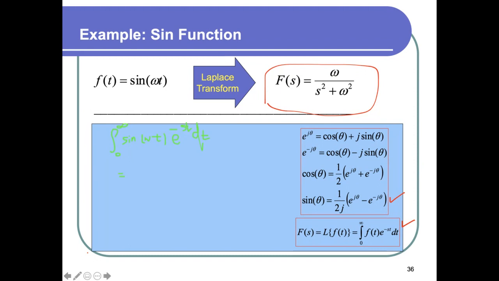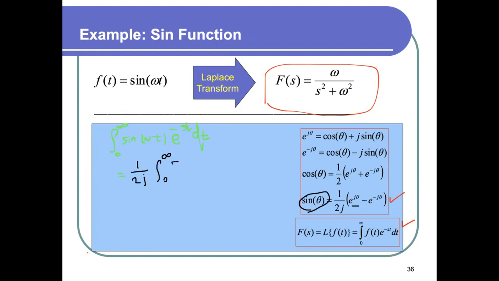Actually, green looks bad, so let me choose black. Okay. So we can use this identity for the sine function, right? So if I apply it, I'll have a constant here. I can take it outside the integral, 1 over 2j, just to get it out of the way. We have the integral from 0 to infinity of e to the power of j theta, where theta here is omega t.